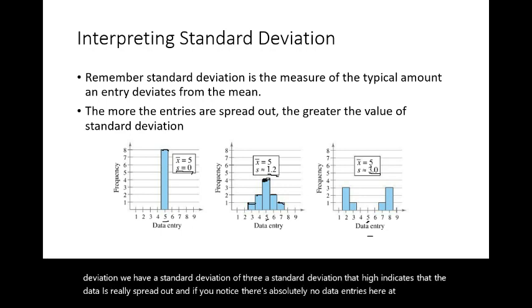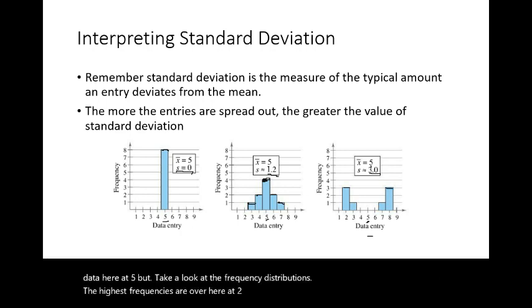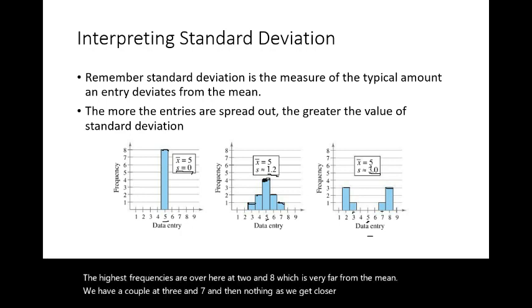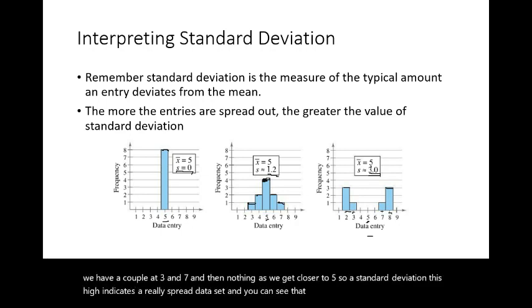The data entries that were there just happened to average out to 5, even though we have no data here at 5. But take a look at the frequency distributions. The highest frequencies are over here at 2 and 8, which is very far from the mean. We have a couple at 3 and 7, and then nothing as we get closer to 5. So a standard deviation this high indicates a really spread data set, and you can see that this data set is really spread out.